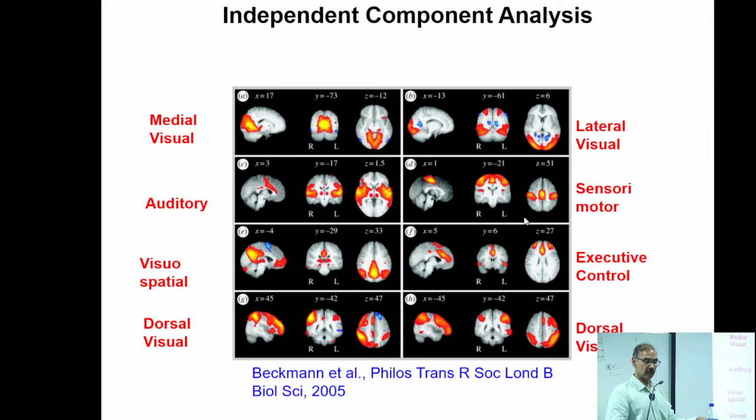Visuospatial, dorsal visual, and so on. So by doing this, one could identify, again from a single run, different resting state parameters.